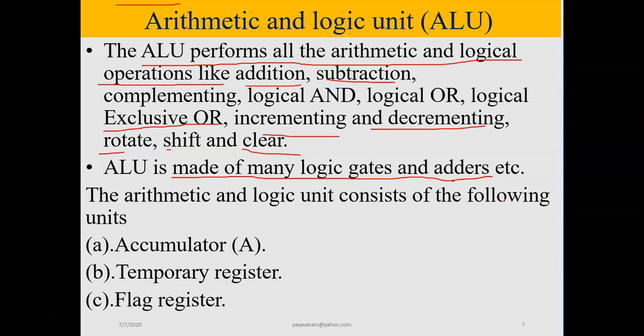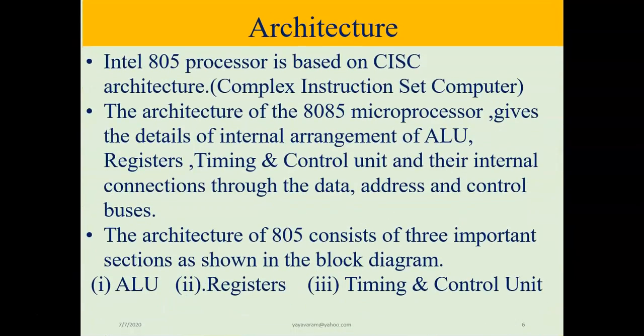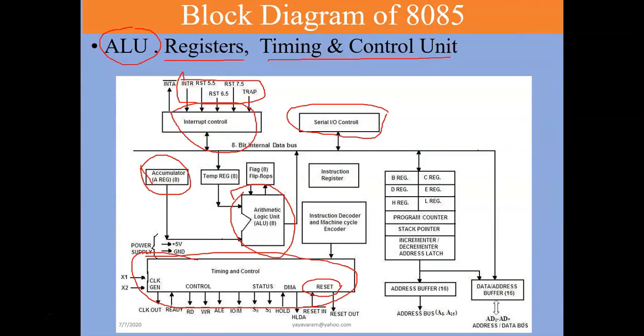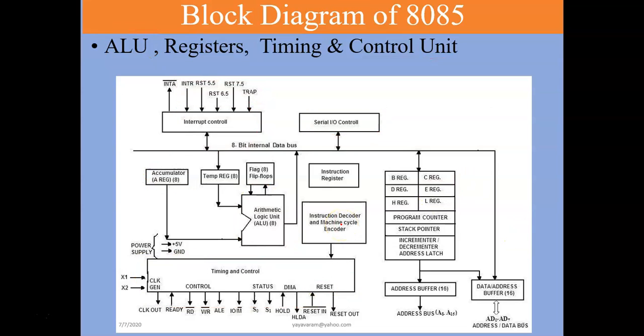Now this ALU consists of 3 registers. When you consider your block diagram here, you can see clearly that this ALU is associated with 3 important registers. One is the accumulator, associated with this. Next is the temporary register, associated with this. This is the flag register.